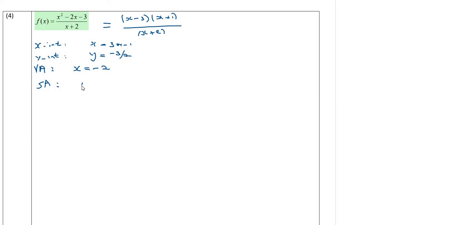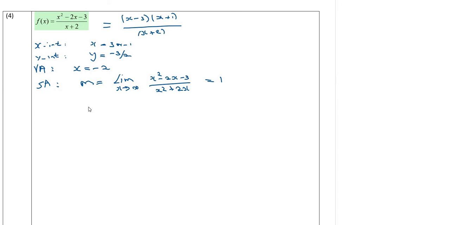Okay, so my gradient m will be the limit as x goes to infinity of f over x. Basically multiply the bottom by x. That gives us 1.